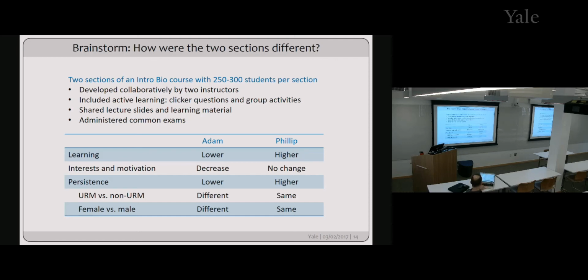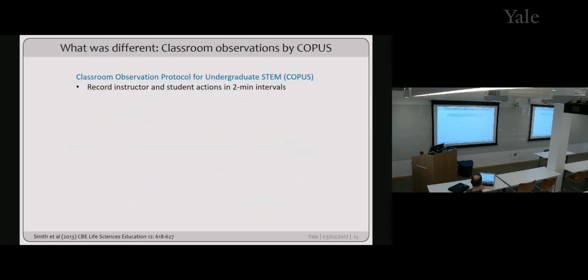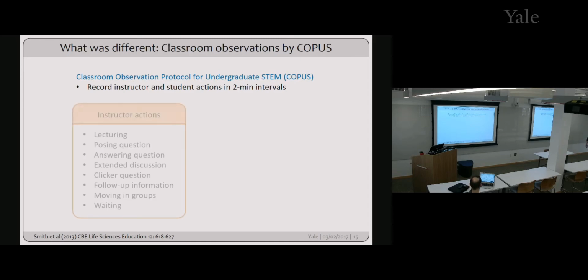So what we actually did was we observed them and video recorded their classes. We used a particular protocol called COPUS, where every 2-minute interval we had a checklist of what the instructors are doing and what the students are doing.